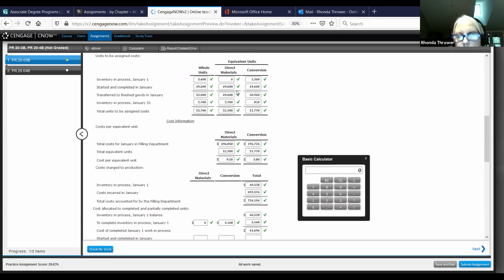So I'm going to take 49,600 of my started and completed units and multiply this by my cost per equivalent unit for materials, which is $9.50.